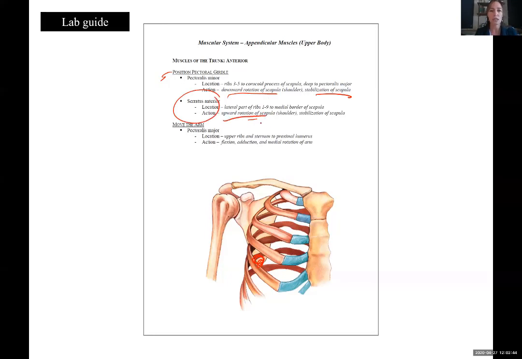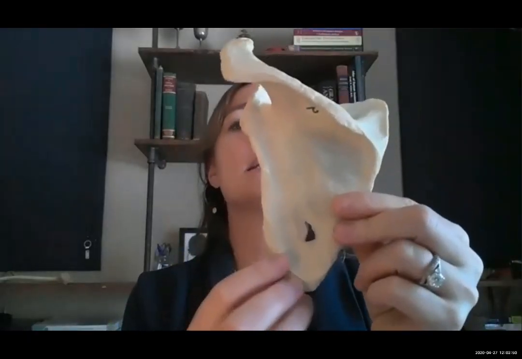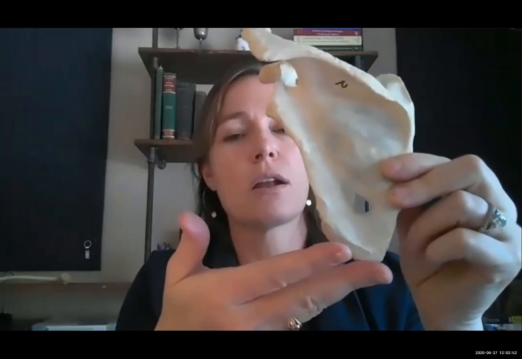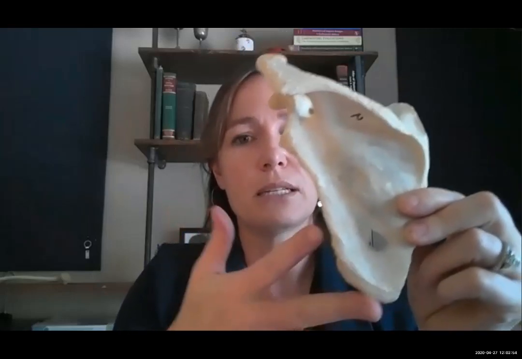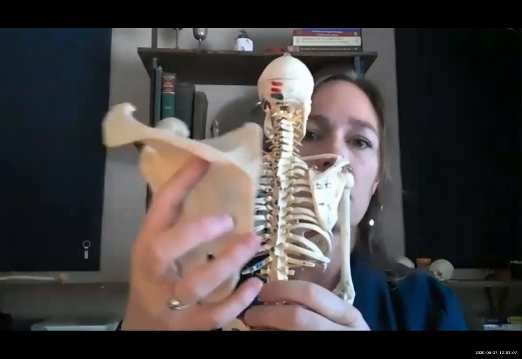In this case, I was rotating it the wrong way for you guys. If you have serratus anterior hanging on, notice it's coming to the bottom and coming around. Maybe I could do it on this little skeleton. Here's our scapula.